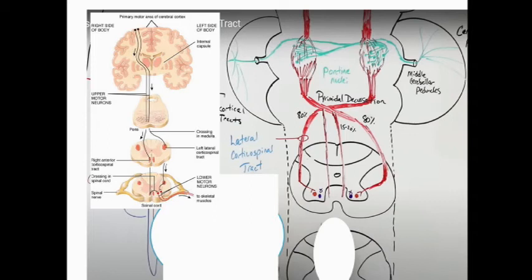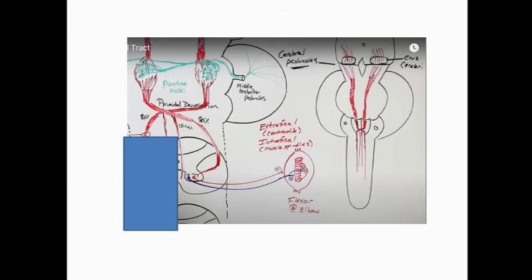And here in the spinal cord they are synapsing with the lower motor neuron, and these lower motor neurons are which type of fiber? Alpha and gamma. The blue purple color, I think, is gamma, and this red is alpha motor fiber. They are lower motor neuron fibers, so they arise from the anterior gray horn cell.